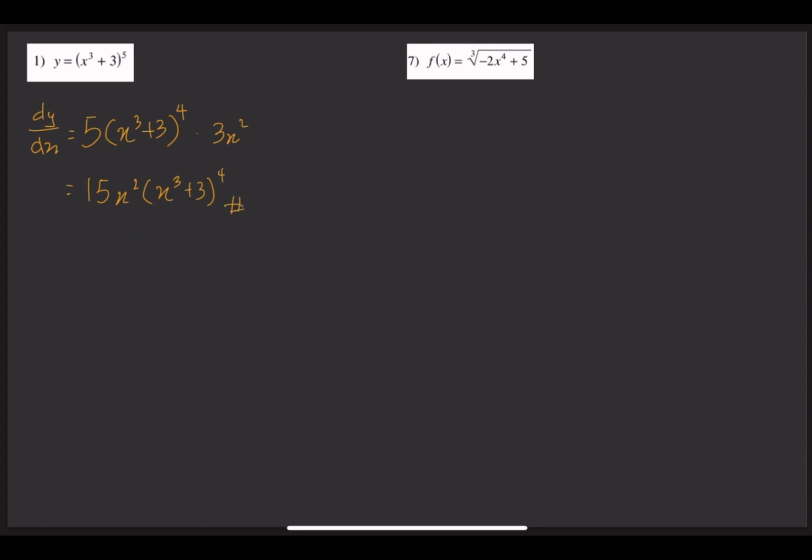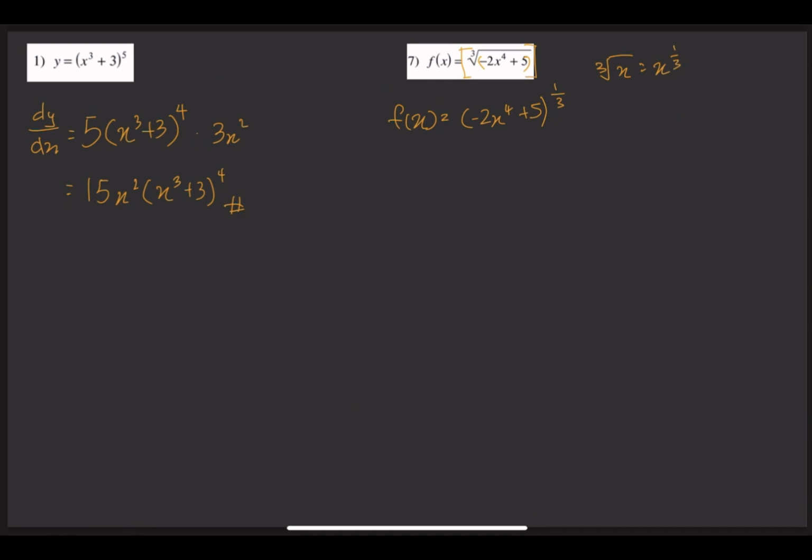Now for this, a bit more complex, right? So we have the inner function, which is this part, then we have the outer function, which is cube root, right? So let us write it in an easier way first. Remember, cube root of x equals x to the power of 1 over 3, right?